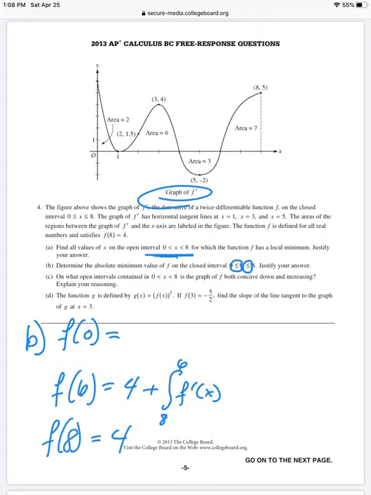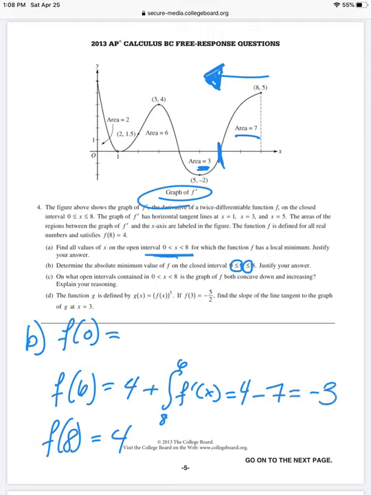What does integral also mean? That's area under the curve. But now I'm going from 8 to 6, so I'm going this way. That means all my areas are backwards. This area that's positive 7 is really a negative 7. This area that's negative 3 is really a positive 3. So I would do 4, going just to 6 here, so 4 minus 7, which equals negative 3.